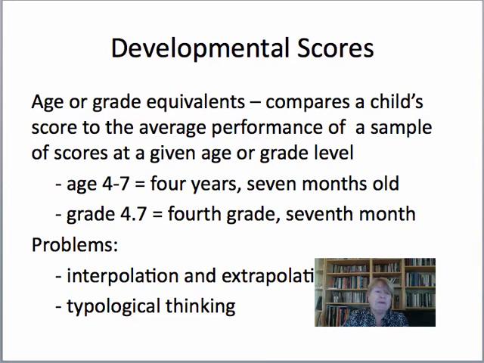And the other thing that I don't like, so my second problem with developmental scores, age and grade equivalence, is that they promote typological thinking. So if I say to you, you have a student that is performing on a test in reading at the fourth grade, 7th month level, what are you likely to do?